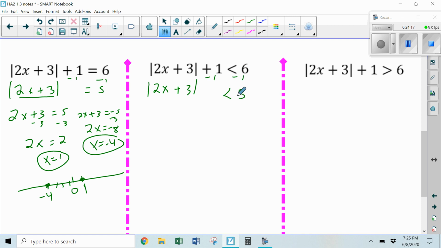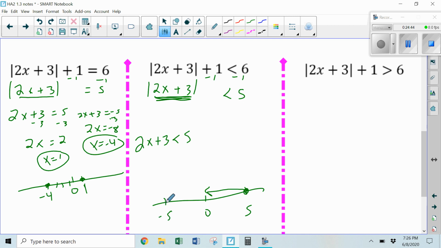Now, look at what this is saying. This is saying this has a distance less than 5 away from 0. So it's not exactly 5. It could be less than 5. You don't need to draw this number line yet. But if I'm at 5 and I want to be less than 5 away from 0, I can be any of those numbers less than 5. Or I could be at -5.